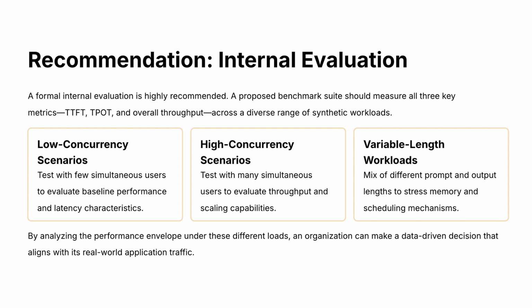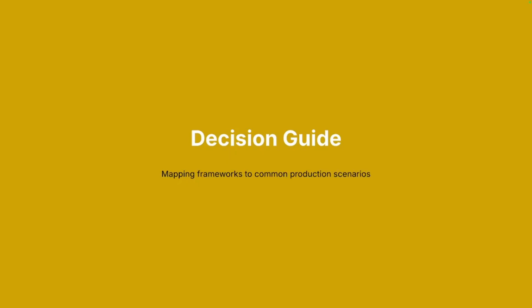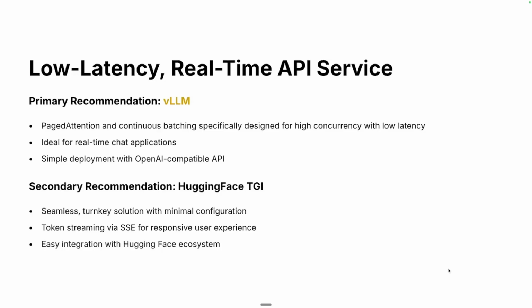Now let's quickly talk about the decision guide, how you can choose those frameworks. Let's say you have a low latency real-time API service, especially for interactive applications like chatbots, we recommend vLLM as the primary choice. vLLM is architected especially for these types of use cases.